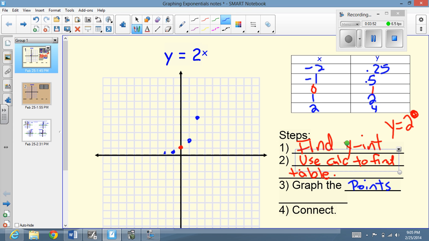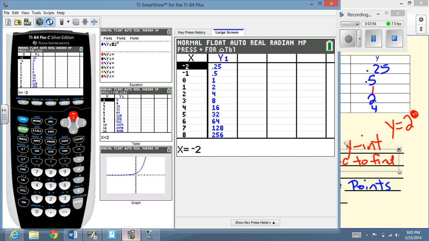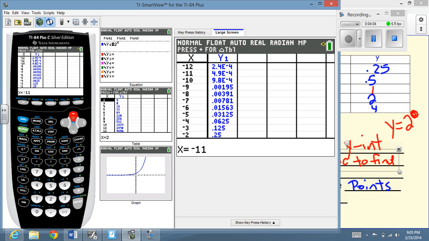Alright, now let me go back to my table real quick, and I want you to notice something as I continue to move up here. What you're going to notice is that if you look at that y value, that y value gets really, really small. And remember, once you start seeing scientific notation, that's just showing that it's getting really, really small. Okay? But that number never goes into the negatives.